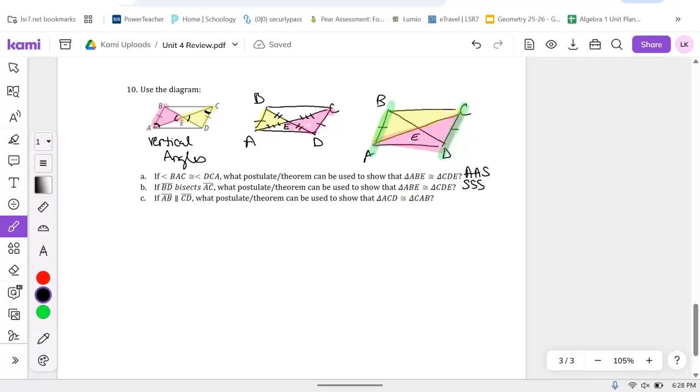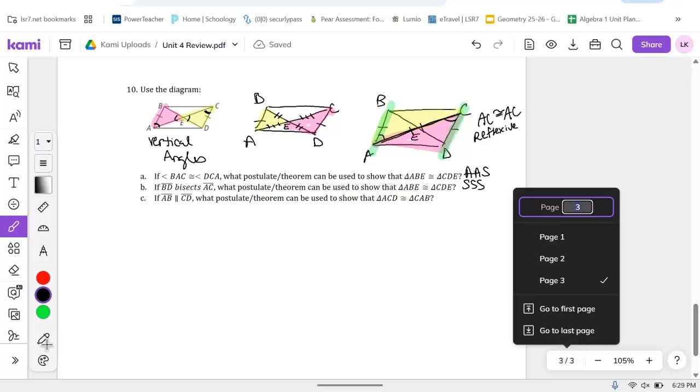So we know already that AC is congruent to AC based on reflexive. So I know that this right here is going to be congruent to itself. If these two are parallel, that means I can also use alternate interior angles, which means that they are congruent. So that would be side, angle, side.